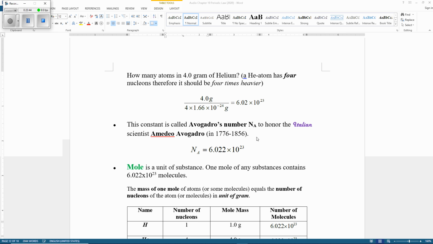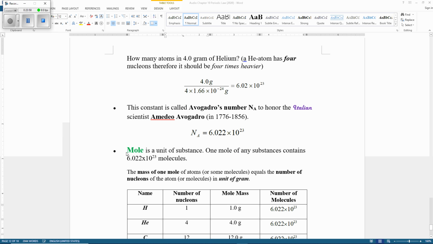You don't need to remember this number. It's a huge number, the number of Avogadro, 6.022 and more digits, times 10 to the power 23. And this number we call 1 mole. Mole is the unit of substances. 1 mole of any substance contains the same number. So we just need to know 1 mole of something, and we know how many atoms or molecules are inside.